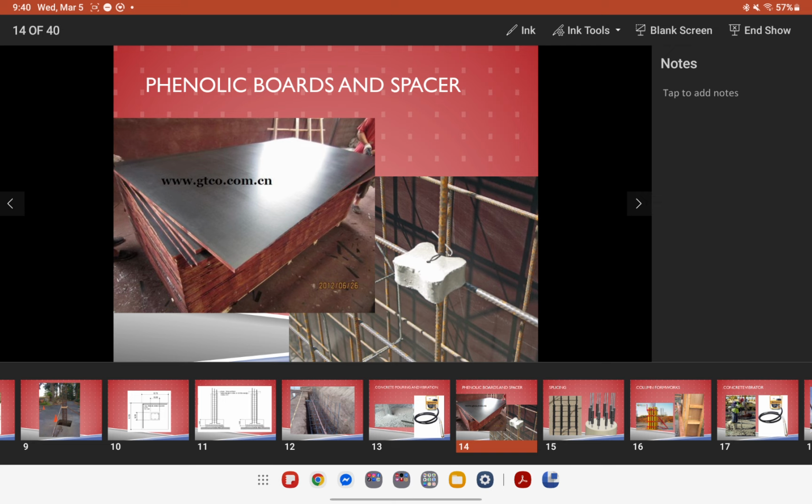Now the formwork uses what we call phenolic board, although this is not the only material that we use for formworks, but this is one of the more sturdy materials because of the surface.